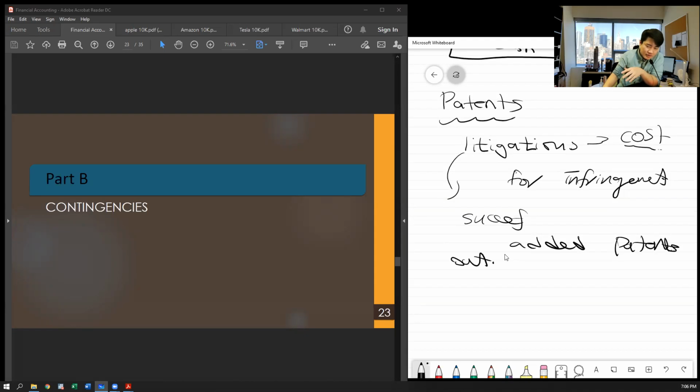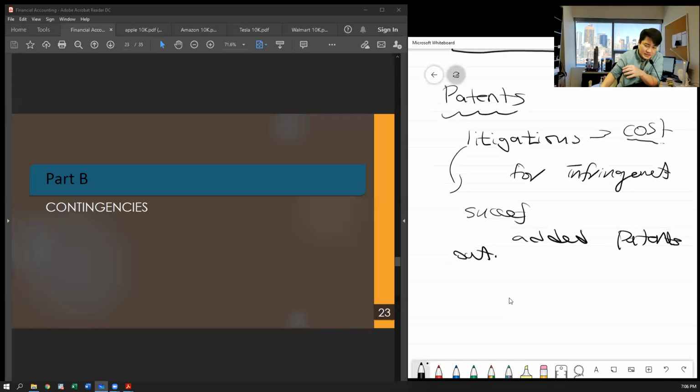Depending on the outcome, whether we're going to add the litigation cost and the attorney fees, everything to the patents or not. Now, there are cases where companies sometimes report the litigations and the amount of potential losses, even without knowing the outcomes of the litigation.